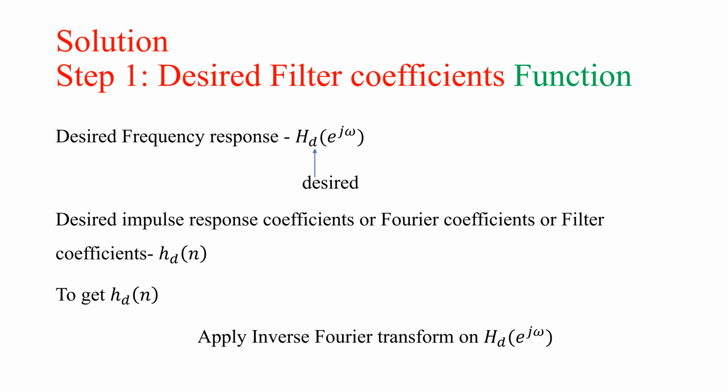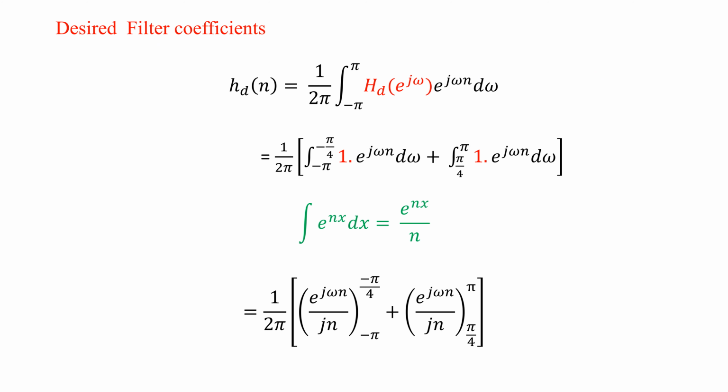That is the desired impulse response coefficient or Fourier coefficient, or we can call it the filter coefficient. To get small hd of n, we have to apply the inverse Fourier transform on capital Hd of e power j omega. We have to find the desired filter coefficient. The formula is given.